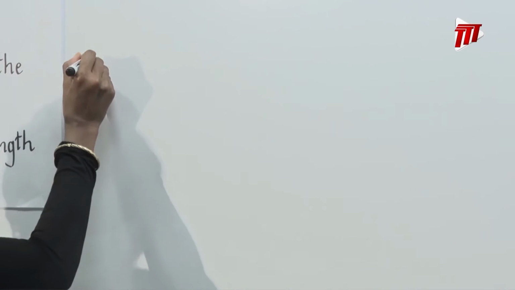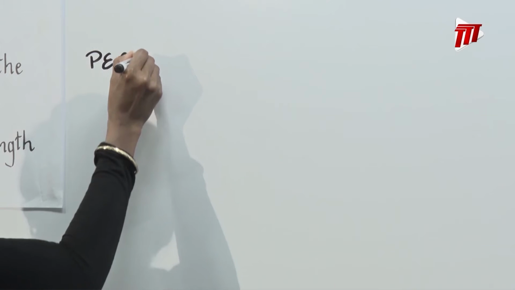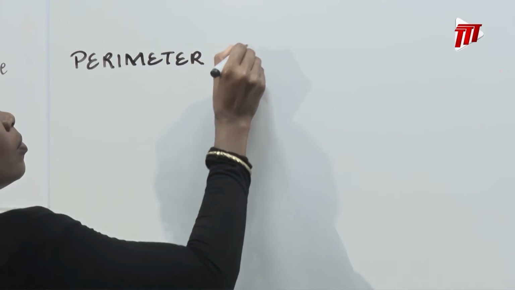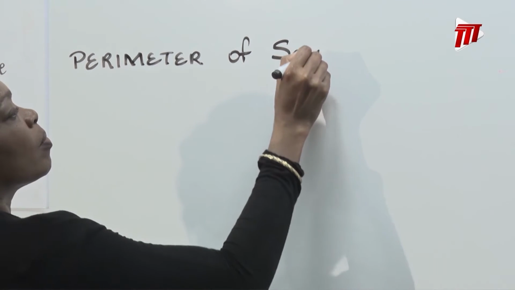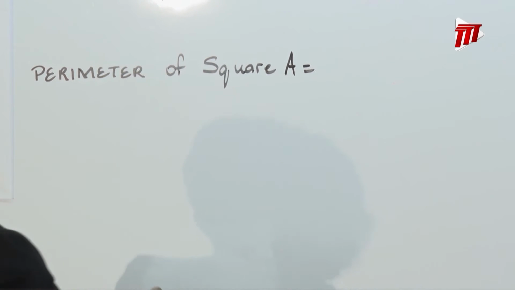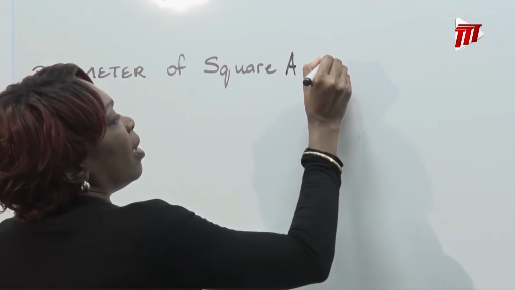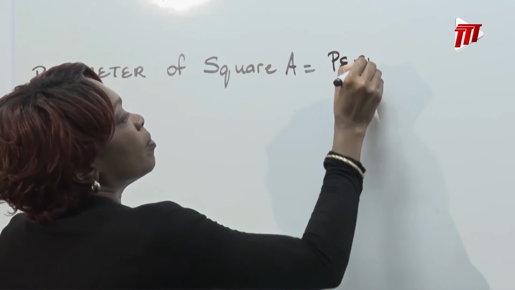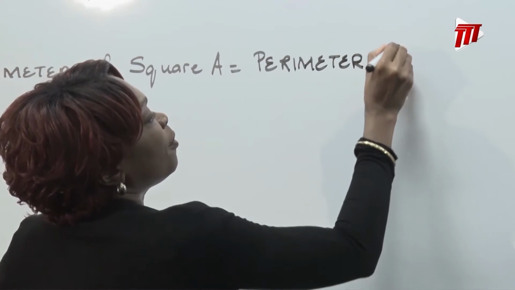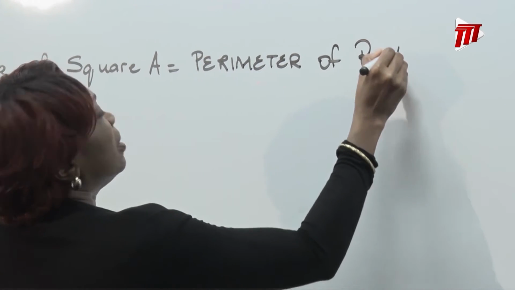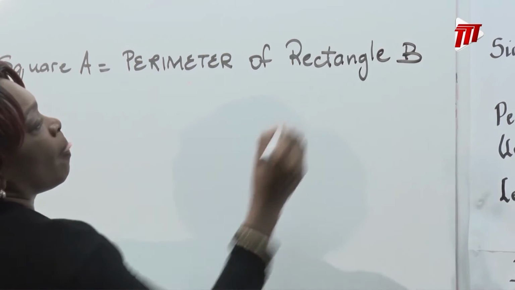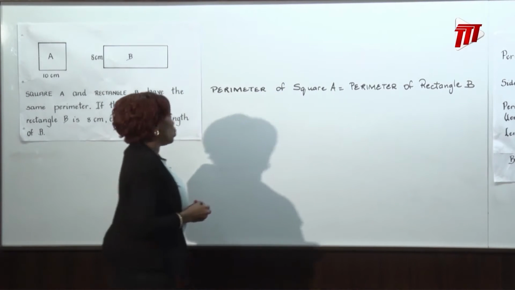Perimeter of square A is equal to the perimeter of rectangle B. So far, so good? Wonderful.